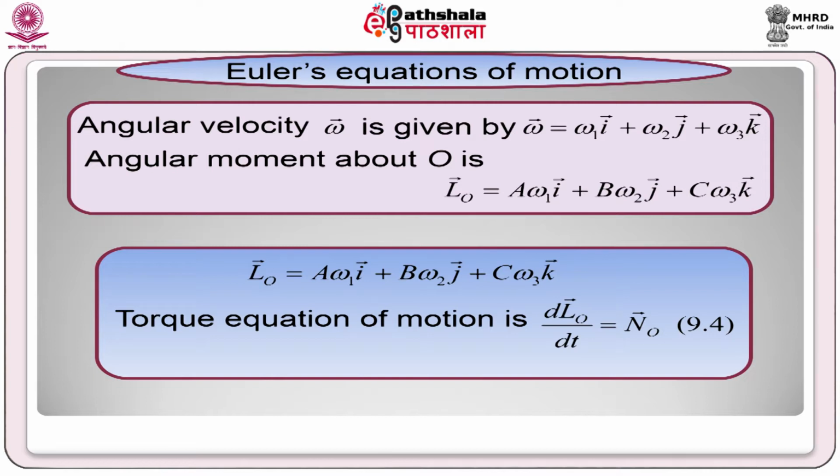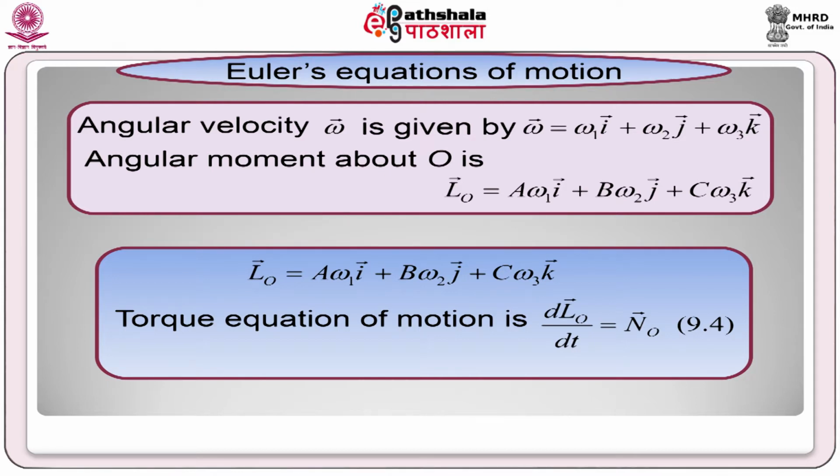At time t, the body has an angular velocity omega vector. Omega vector has components omega 1, omega 2, omega 3. That is, we can write omega vector as omega 1 into i vector plus omega 2 into j vector plus omega 3 into k vector.